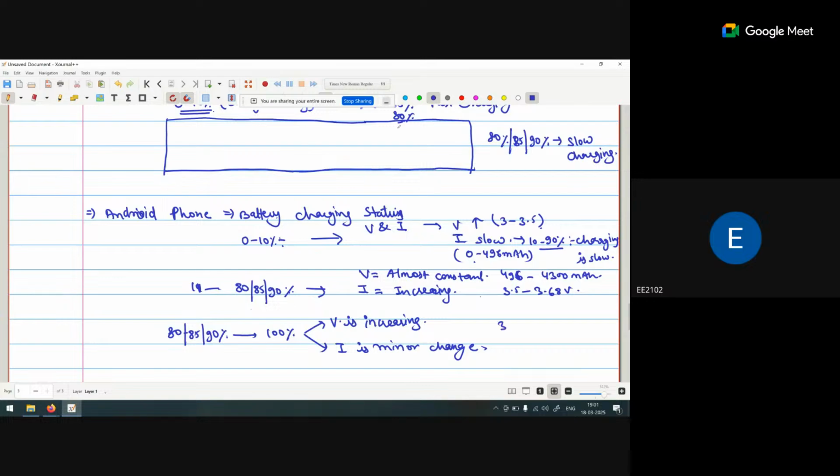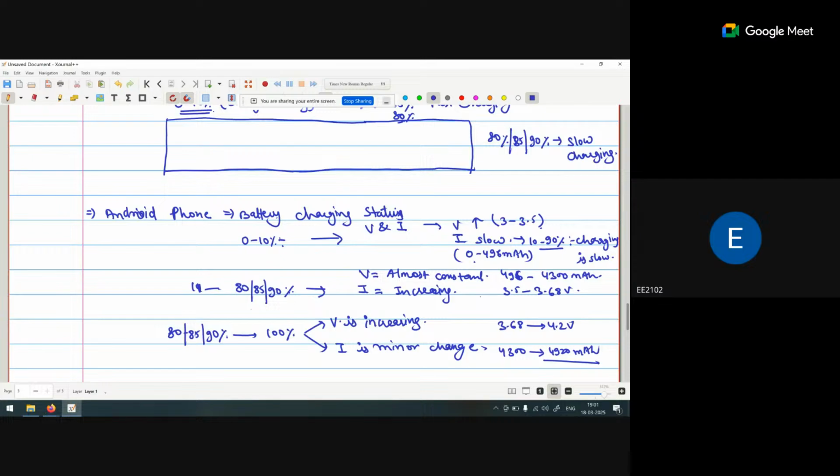After that it increases from 3.68 to 4.2 volt, but the current is 4300 to 5000, not exactly 5000, it is 4920. So this is the pattern that I observed.